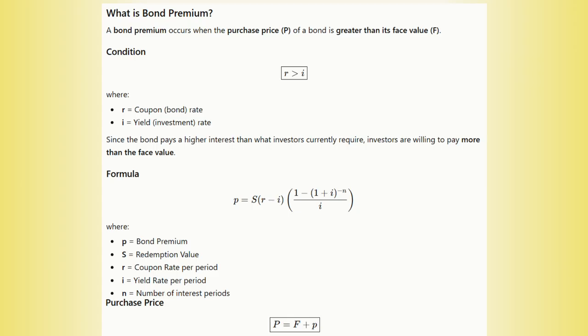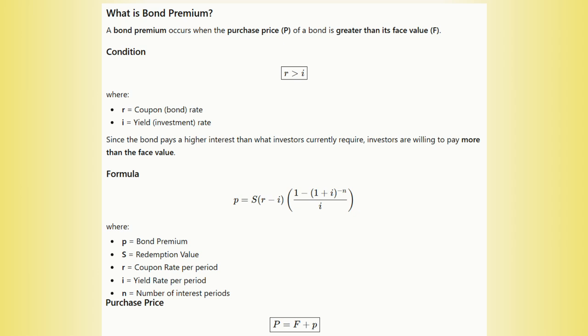Now, I'll give you a context for you to have a better understanding of what a bond premium is. So, for example, a concert. Tapos, yung nabili mo na ticket is 1,000 pesos. And the 1,000 pesos is the face value, right?